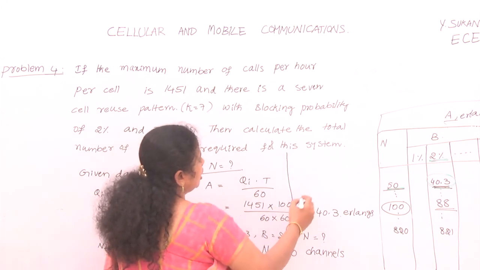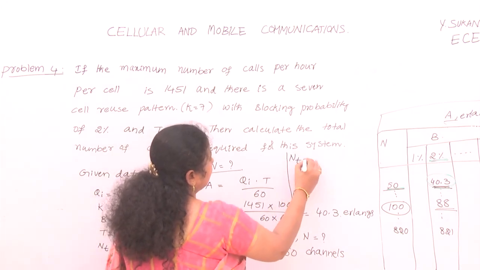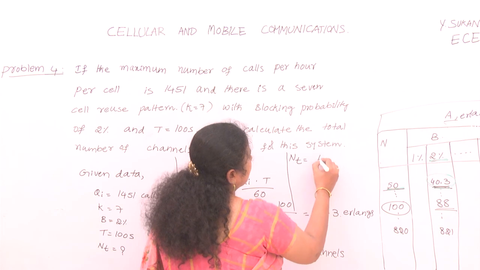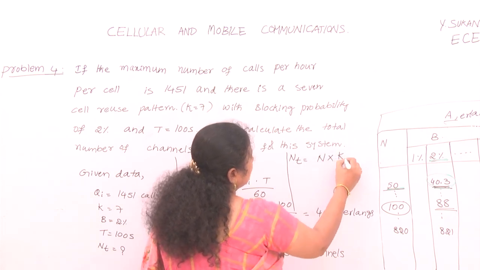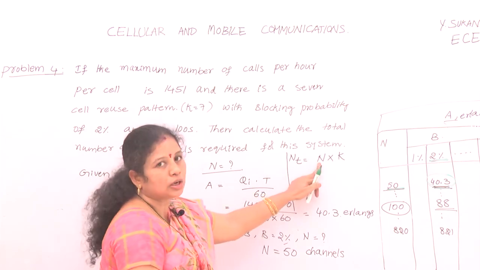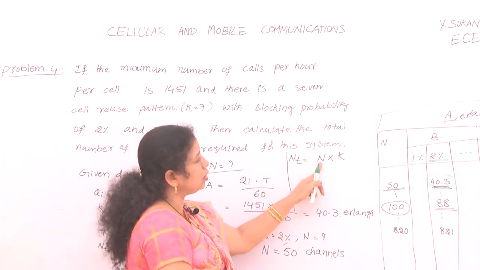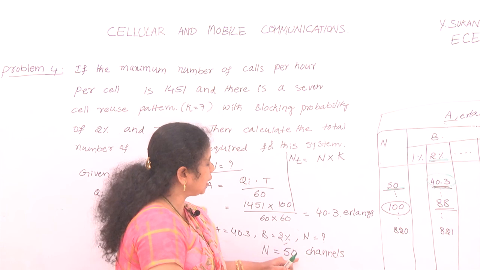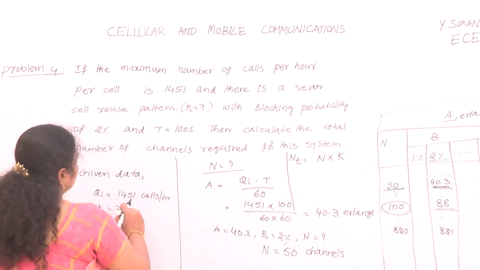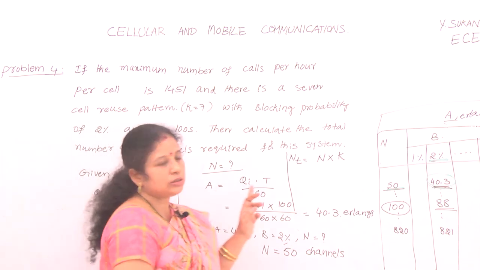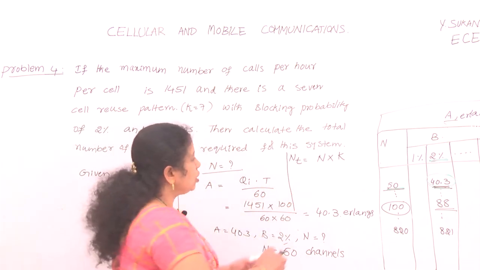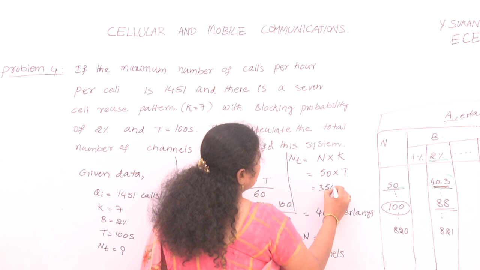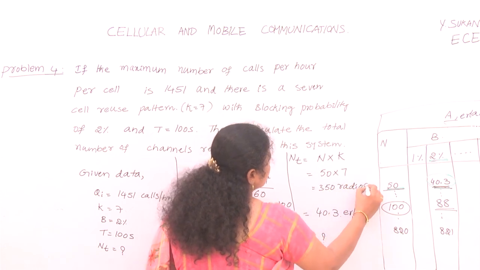That is generally represented as NT, the total number of channels required for the entire system, which is given as n multiplied by K. Here n is the number of channels required in one cell to handle that particular load, multiplied with the frequency reuse pattern K. If one cell requires 50 channels, and for the given problem K equal to 7, that means a frequency reuse pattern scheme of 7, then it requires 50 multiplied by 7, that is 350 radio channels.